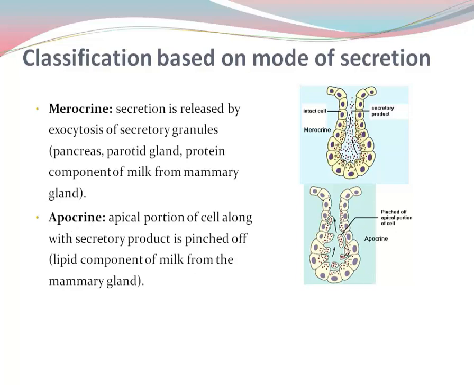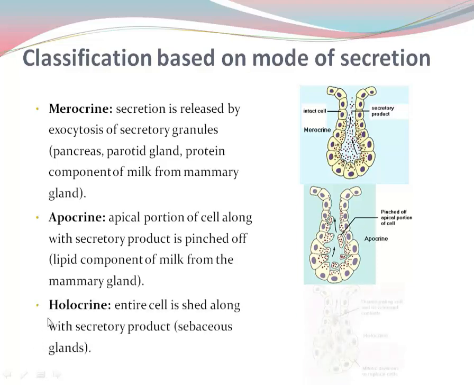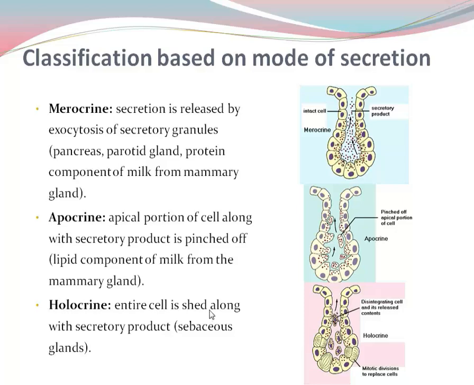Apocrine glands are where part of a cell stores all that secretion and gets detached from the original parent cell. That is apocrine. Holocrine, here the entire cell is shed out with the secretory product. An example is the sebaceous gland.